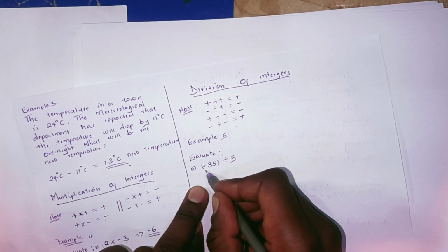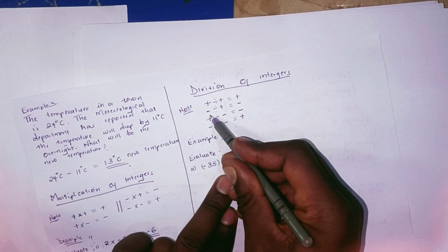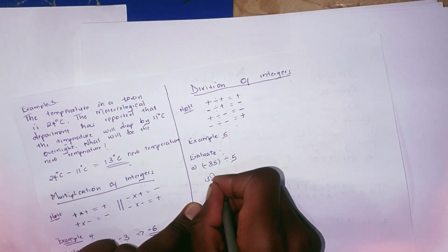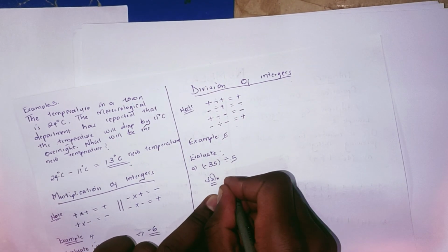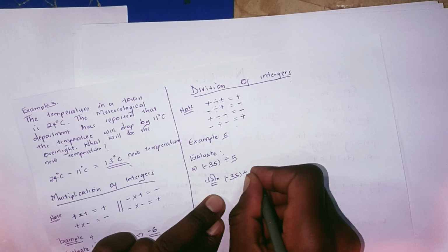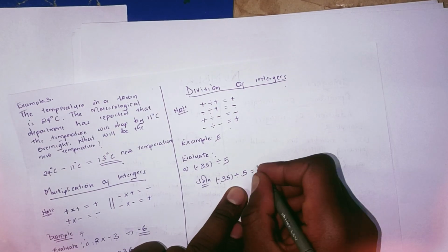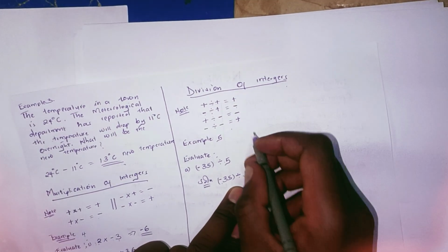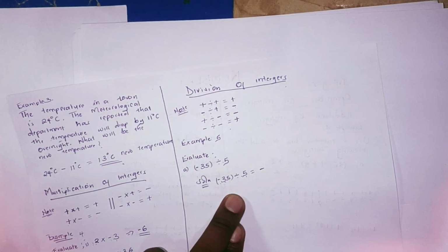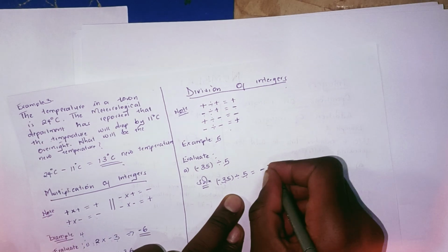What have you noticed here? This one is negative divided by positive. Negative divided by positive, you get a negative. So solution: negative 35 divided by positive 5. Negative divided by positive, you'll get a negative. Then 35 divided by 5, you'll get 7.